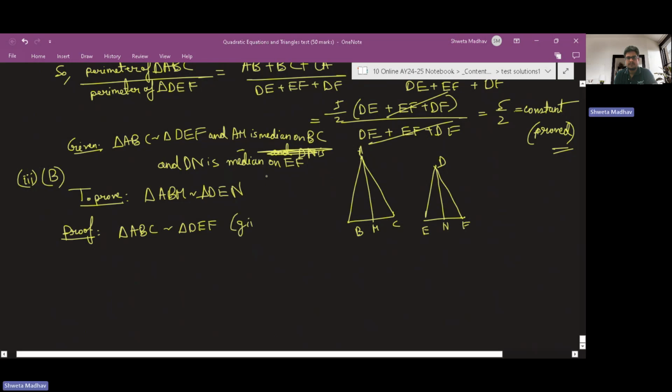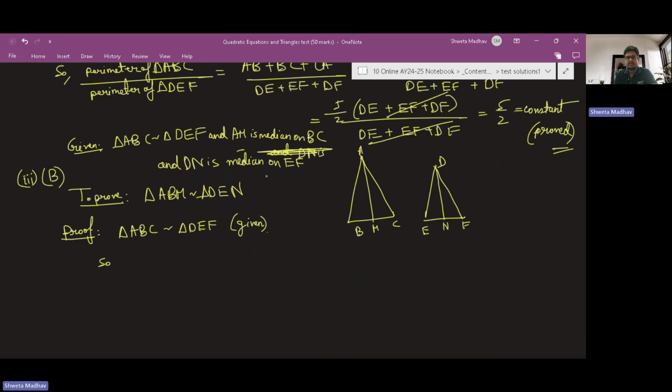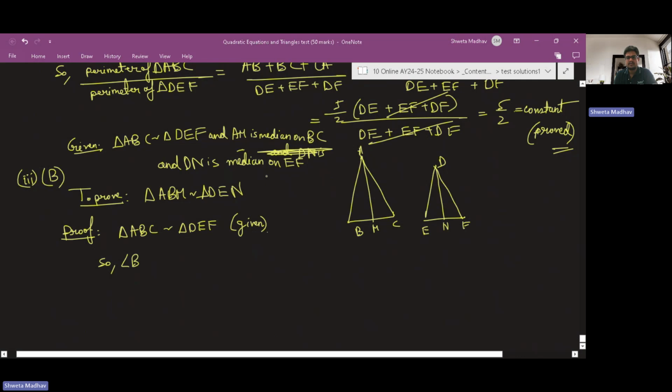So I can say that angle B is equal to angle E, or I can say that angle ABM is equal to angle DEN, since the corresponding angles in similar triangles are equal.